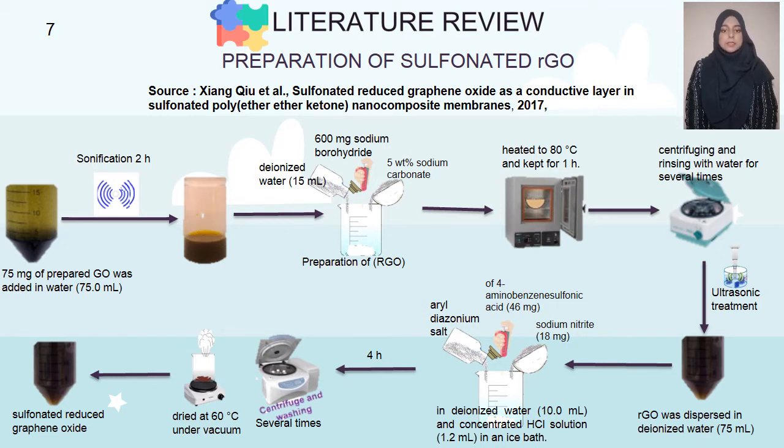Then the aryl diazonium salt used for sulfonation was initially prepared from the reaction of 46 mg 4-aminobenzene sulfonic acid and 80 mg sodium nitrite in 10 ml deionized water and 1.2 ml concentrated HCl solution in an ice bath. Then the solution was added to the reduced graphene oxide suspension.